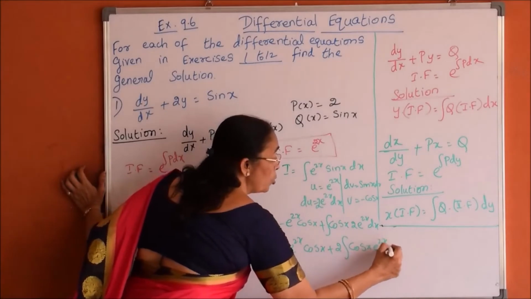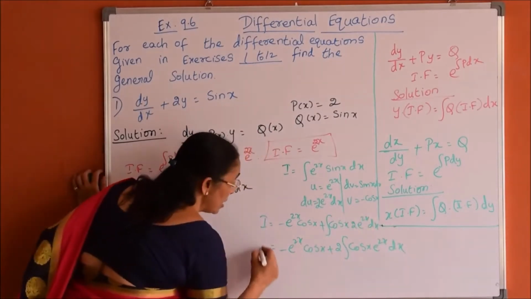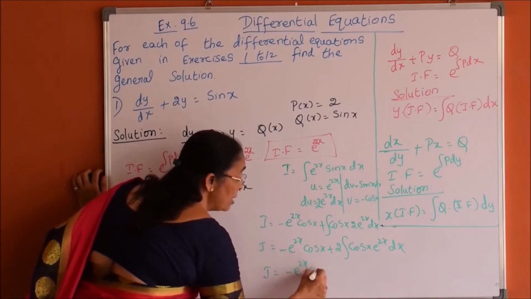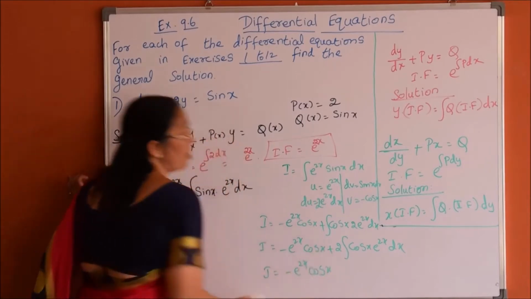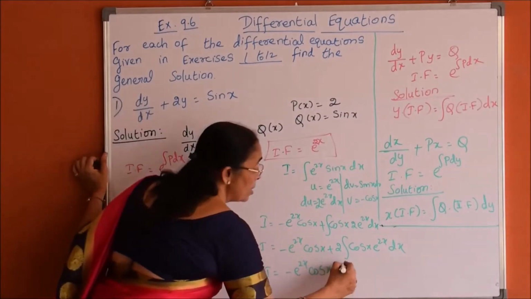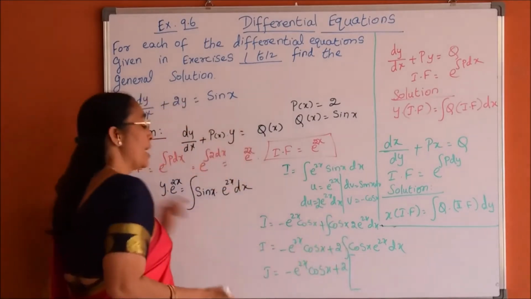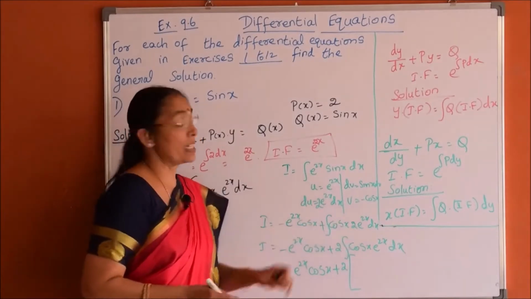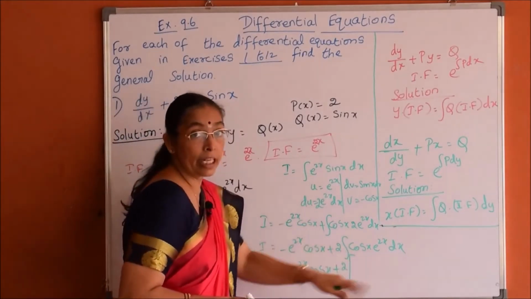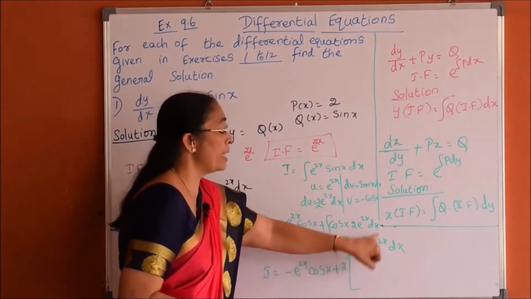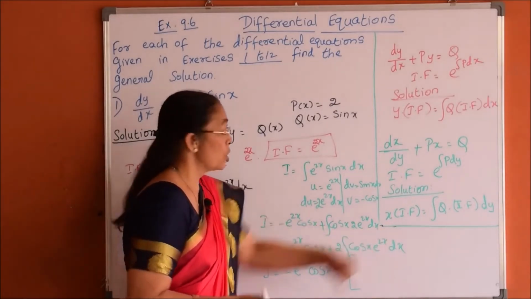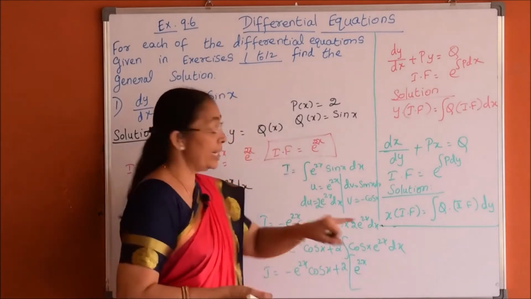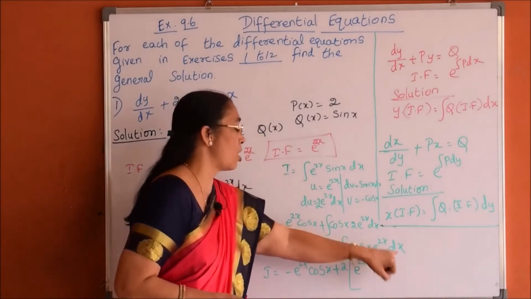e power 2x dx. Now I is equal to, the first part is done, minus e power 2x cos x. Now, coming to the second part, 2 times of, again for the cos x e power 2x form we follow the by parts method. So, uv minus integration of v du, u will be e power 2x, dv is cos x dx.